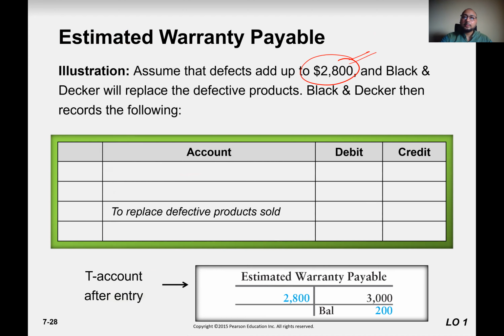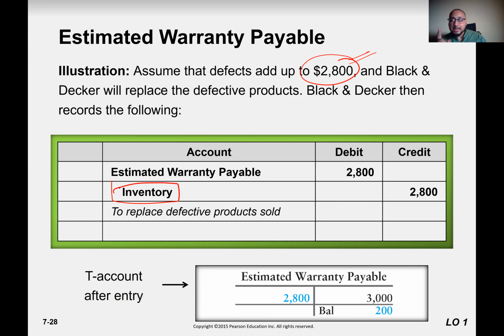So, simple: estimated warranty, and since we replaced that product, we didn't pay them the cash. Inventory decrease means credit, and liability decrease means debit. So our warranty payable is going to look like this.